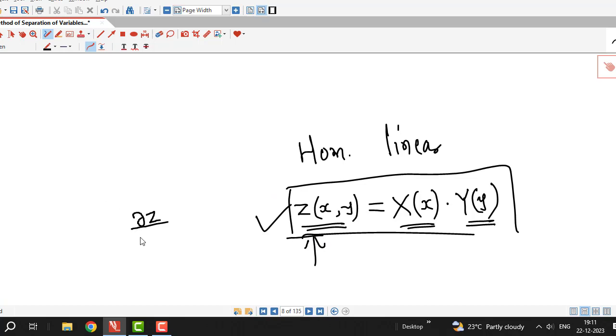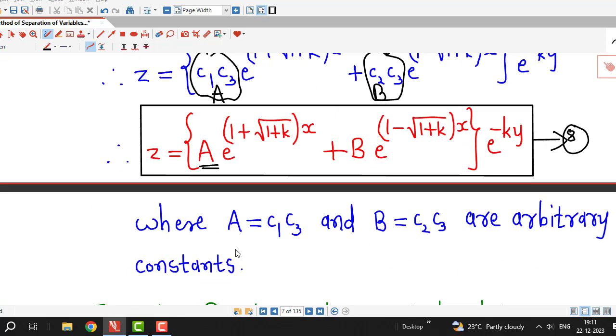So we find out whatever partial derivatives are there in the given equation, and we substitute their values in the given equation.